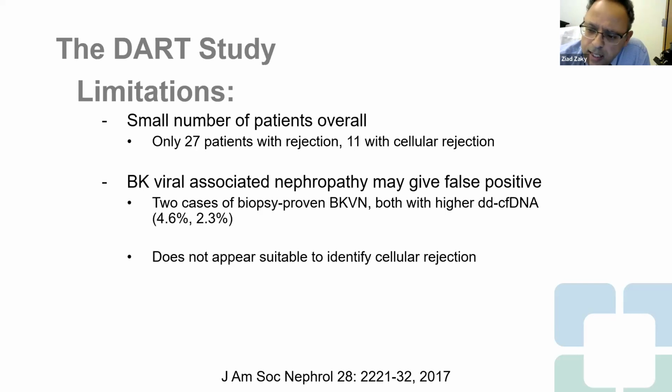In further studies, we've been trying to tease out BK virus from T-cell-mediated rejection, but as of now in clinical practice, we cannot differentiate between BK virus, antibody-mediated rejection, or T-cell-mediated rejection using only this donor-derived cell-free DNA.